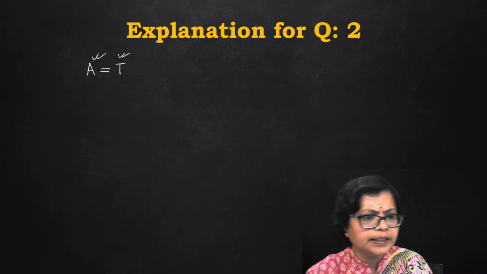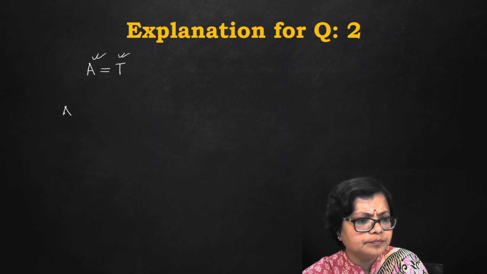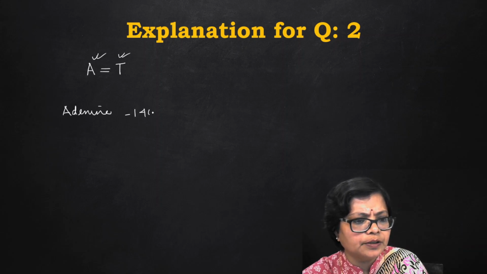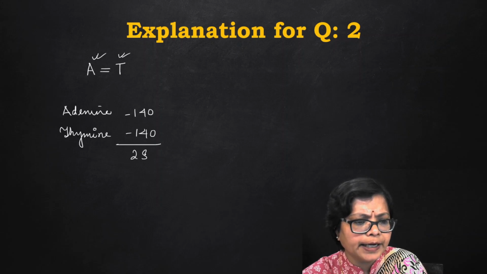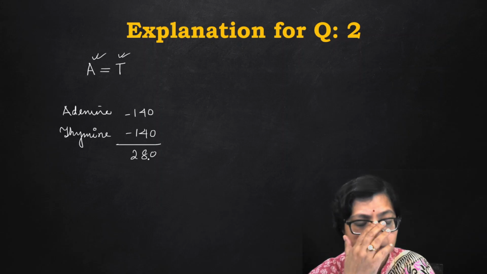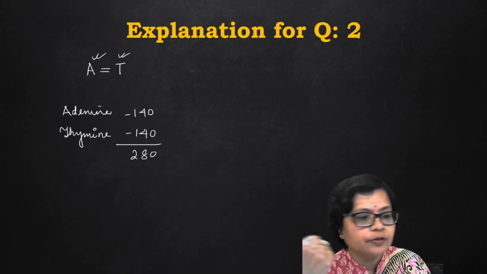Yes, right. So the thymine will also be 140. If we add 140 and 140, that means total 280. Between them a double hydrogen bond is present.